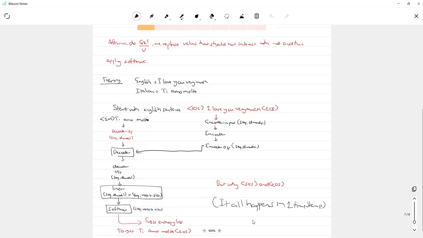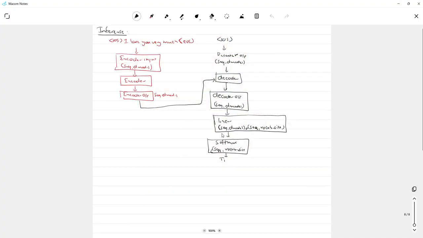The error is then backpropagated through the entire transformer, encoder and decoder, in a single step to update all the weights and improve the model's performance. This ability to do this entire sequence computation in one parallel step is what makes the transformer so much faster and scalable than the older architectures like RNN.